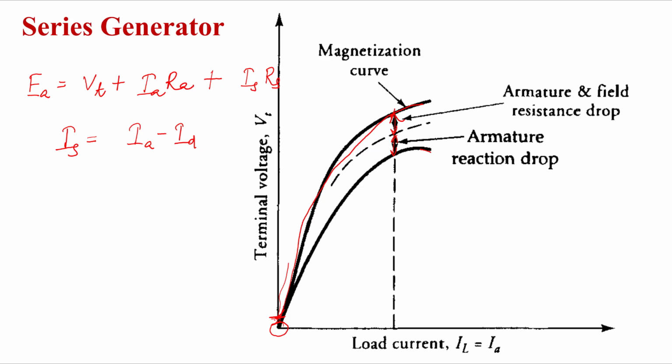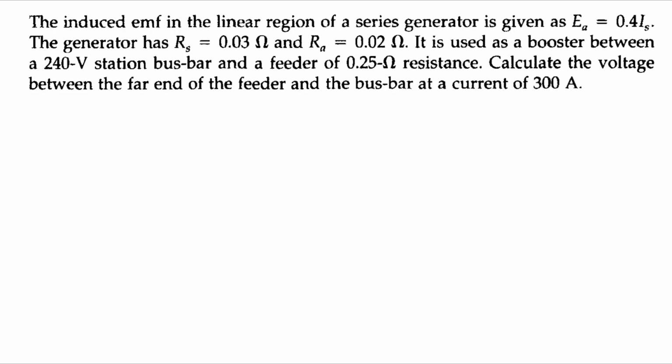It has a specific application where we want to boost the voltage. At that point we can use this and we can get the boosted voltage, right? So how we can boost the voltage, we'll see in this example, using series connected generators, right?